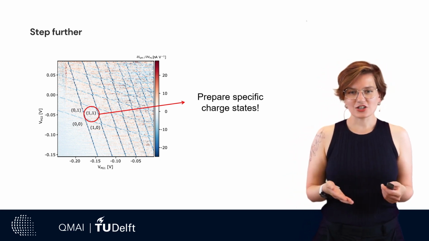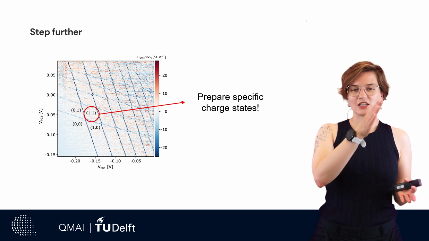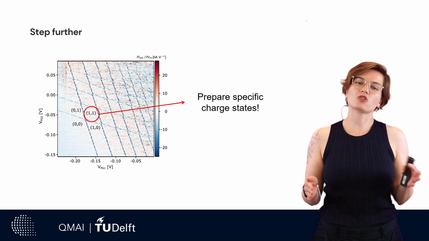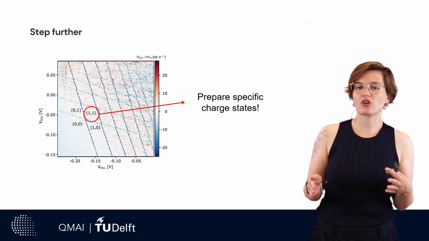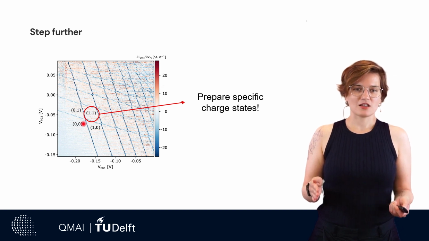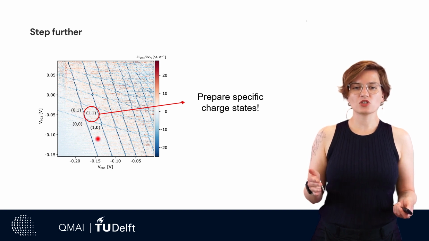So what are the charge states? We learned in Module 1 that each transition in a charge stability diagram corresponds to an electron increase either in a left or a right dot. So by transiting this line, we increased from the state 0, 0 to the state 1, 0.